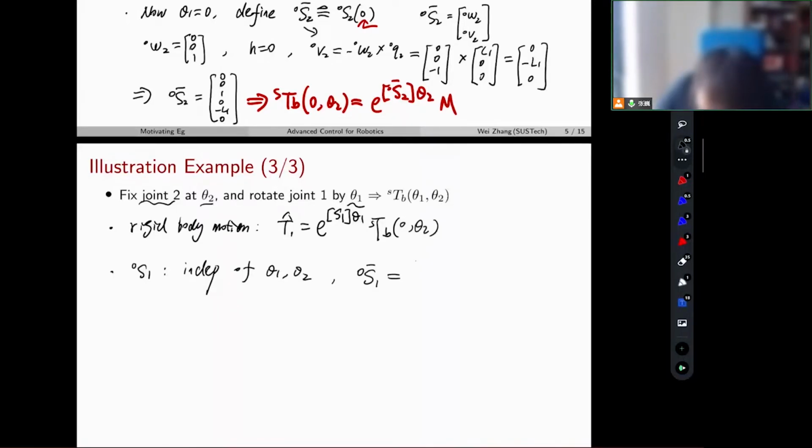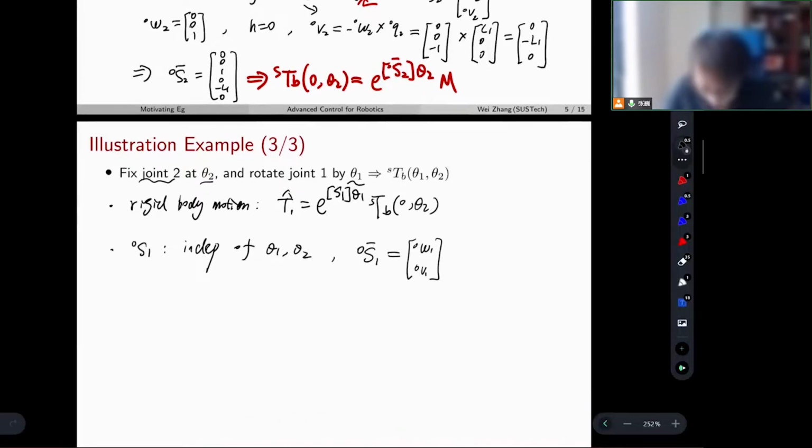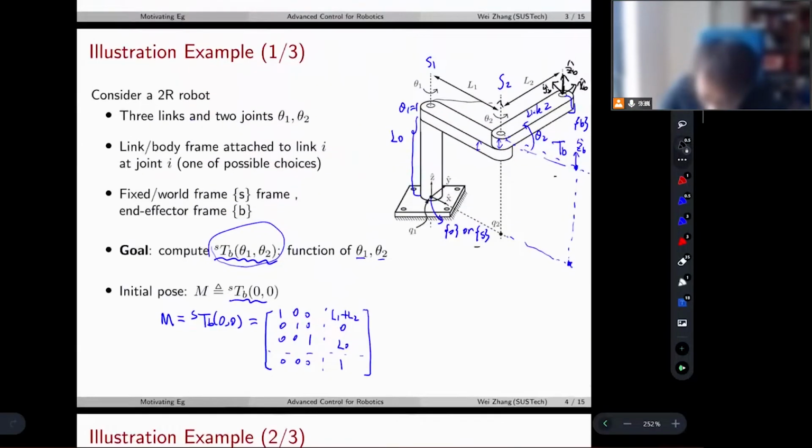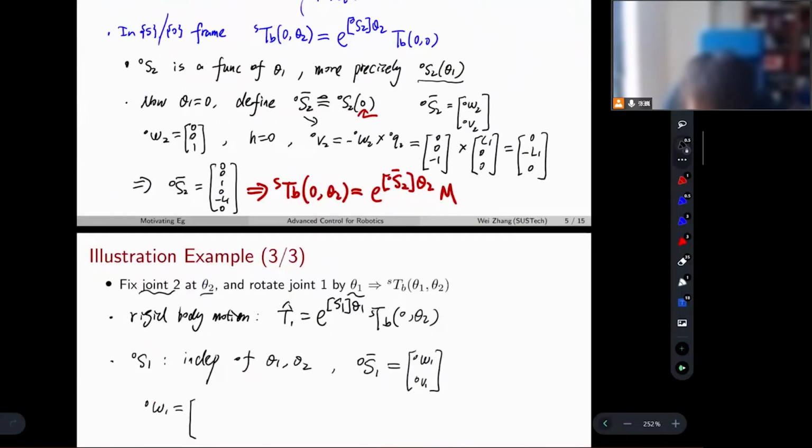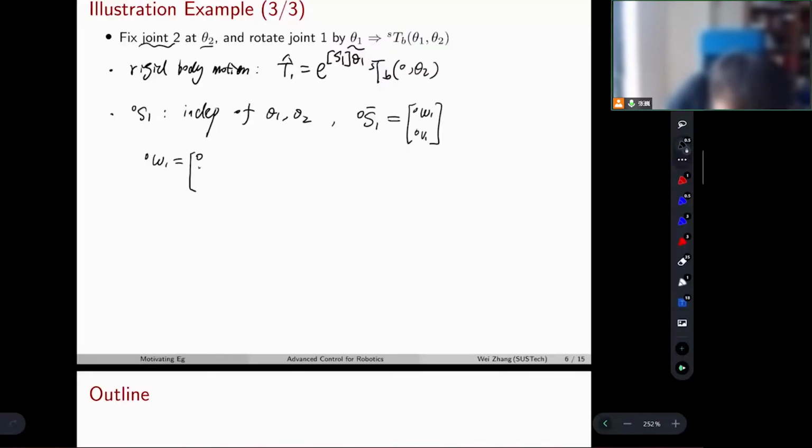In this case, S1 bar is omega 1,0 and V1,0. Omega 1,0 is 0, 0, 1. What about V1,0?